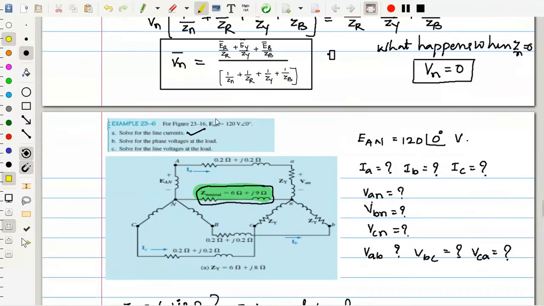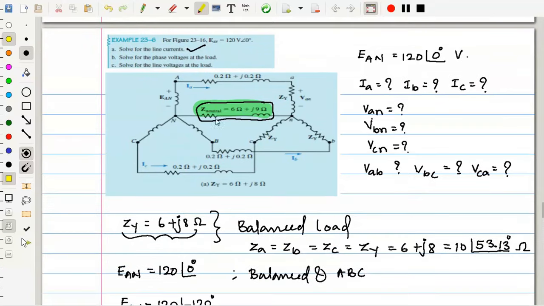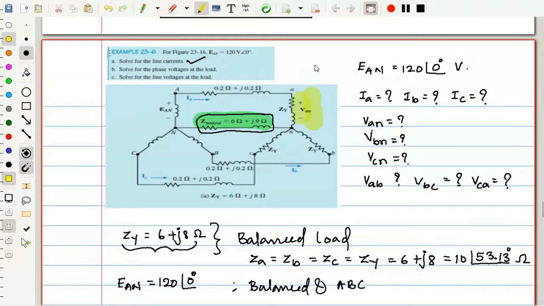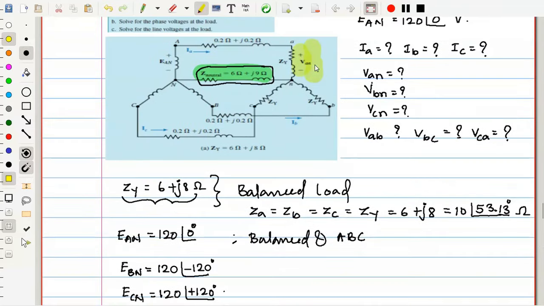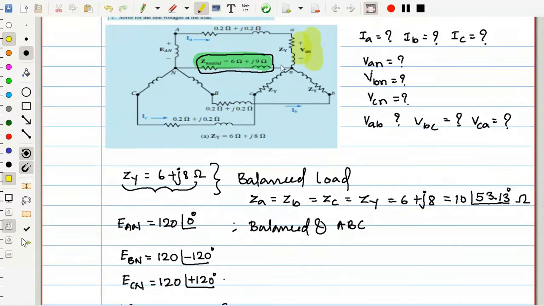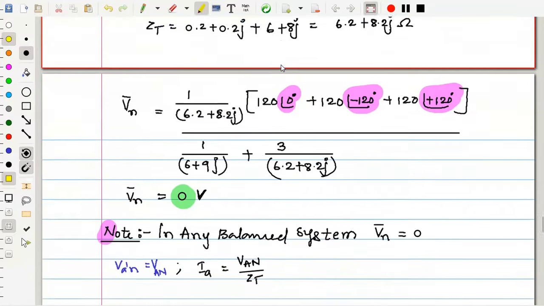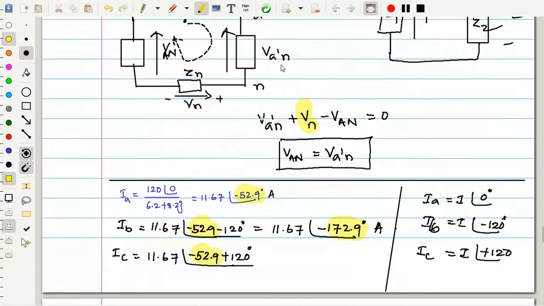Phase voltages at the load. Now tell me, what are the phase voltages? This is the phase voltage VAN. Clear? Are you getting? V small an. Yeah, minus 240 is also correct. So now you should not ask that doubt.